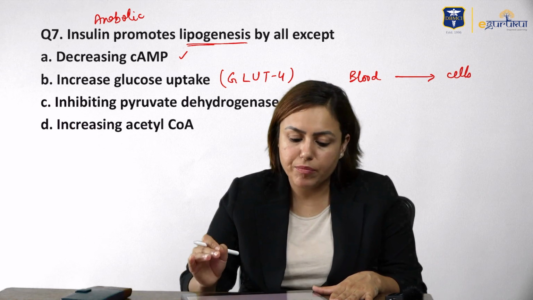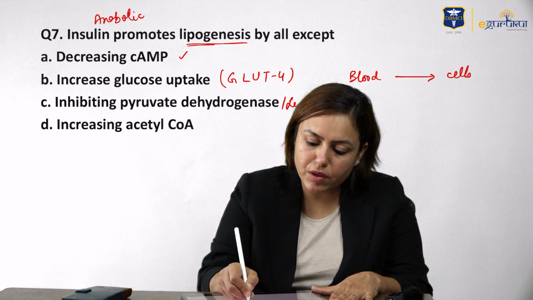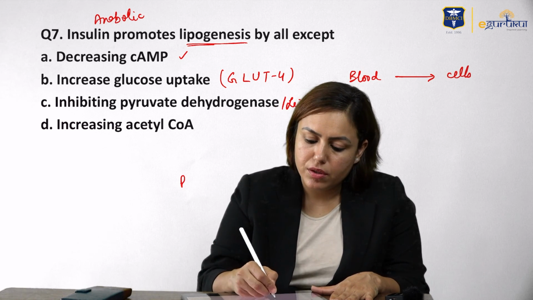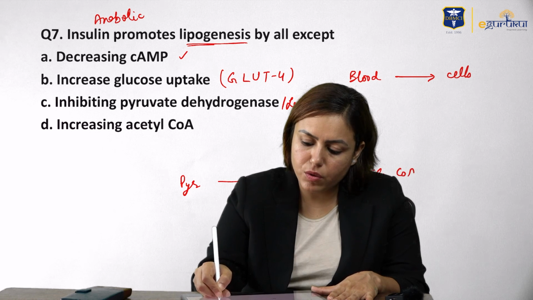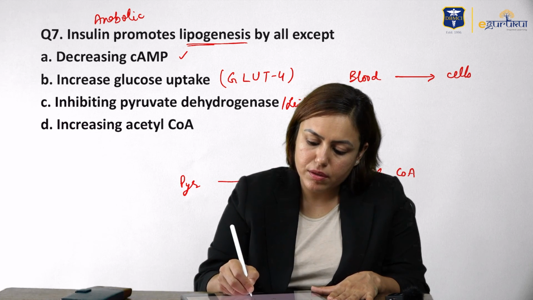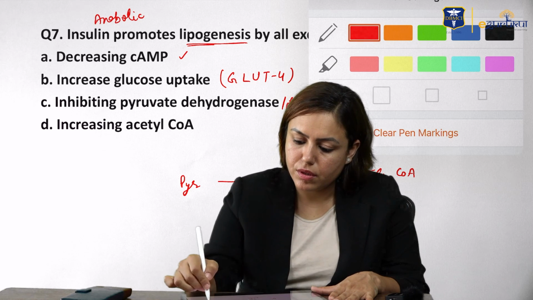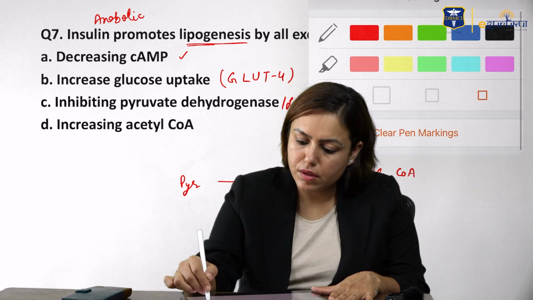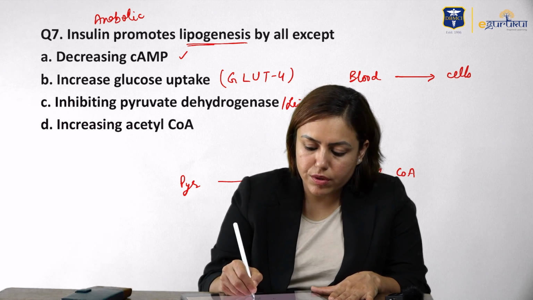Then option C, it inhibits pyruvate dehydrogenase. Pyruvate dehydrogenase is the link reaction. The link reaction is activated by insulin. So the link reaction, pyruvate to acetyl CoA, is activated by insulin.